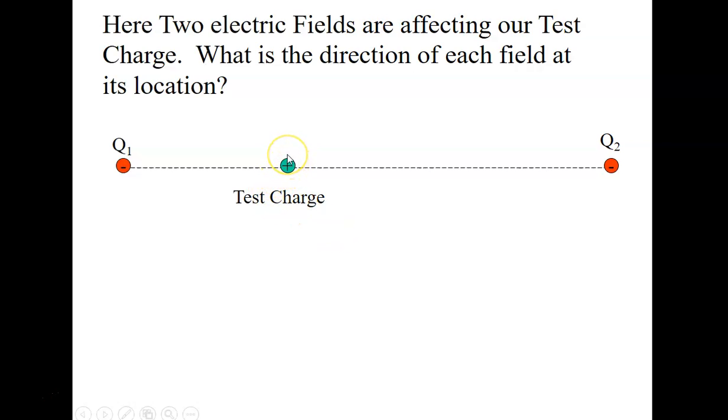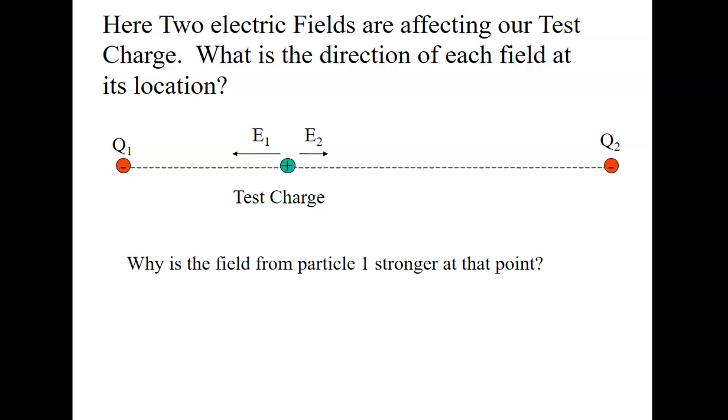Okay, the direction of E1, the electric field from charge 1, is going to be pointed to the left, okay, because the electric field lines point towards the object. The electric field from the object on the right side, Q2, is going to be pointed to the right. Okay, assuming that they're the same magnitude of charge, the field from Q1 is going to be stronger because we're closer to it.